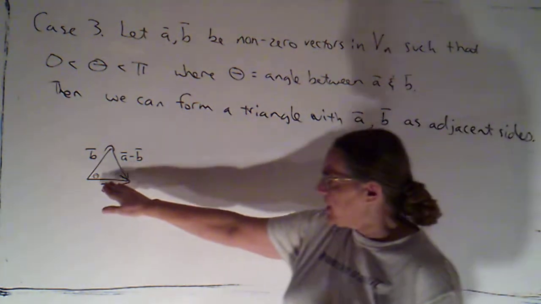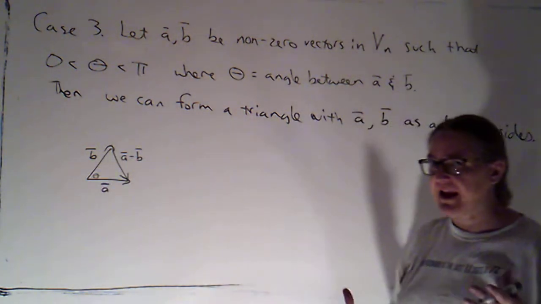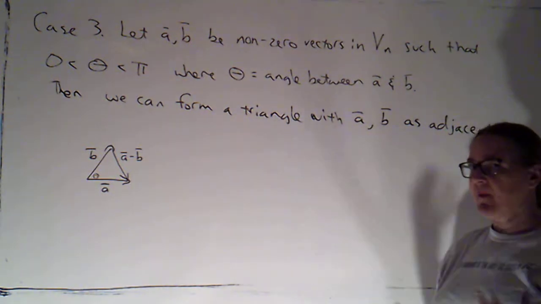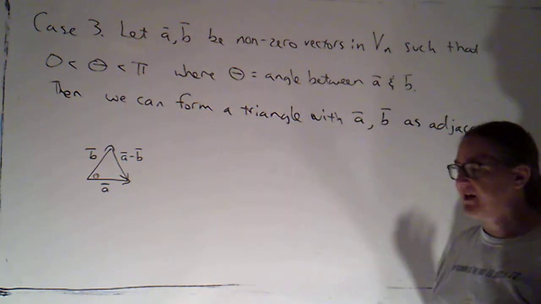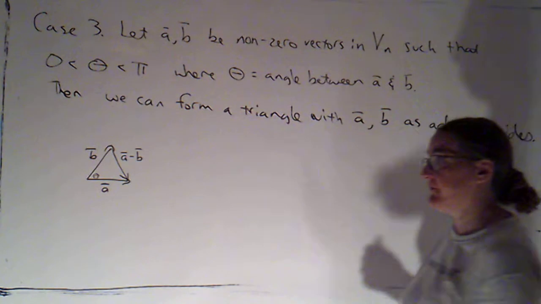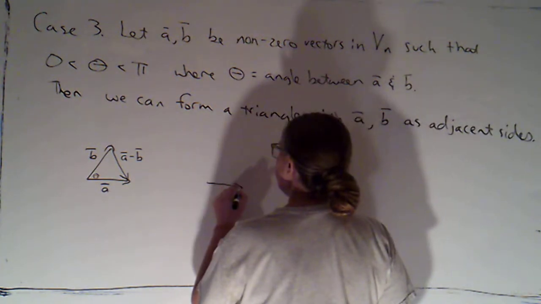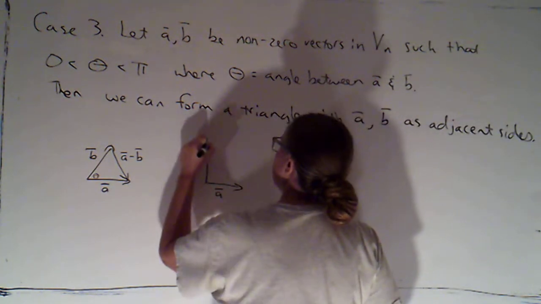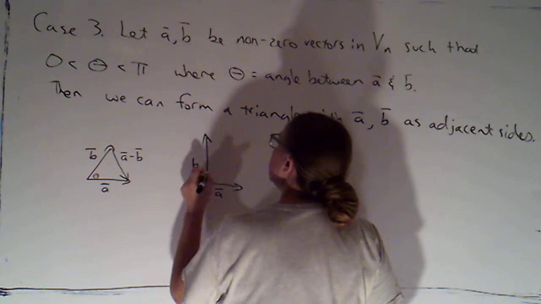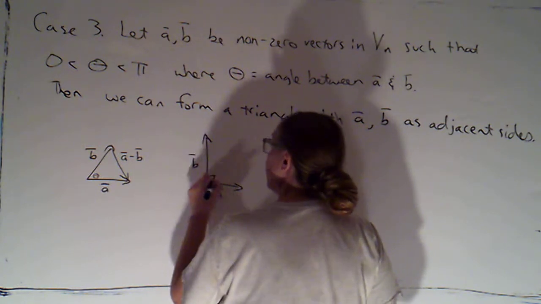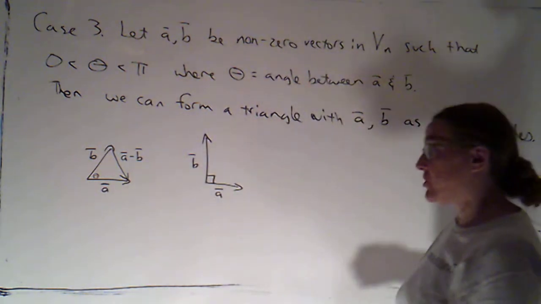Now, I drew a picture here, and in this picture, theta was acute. I've mentioned we can't do a proof by picture because anytime you draw a picture, you're making a specific choice. But notice, if this was A and this was B, so that theta was a right angle, I could still form a triangle.